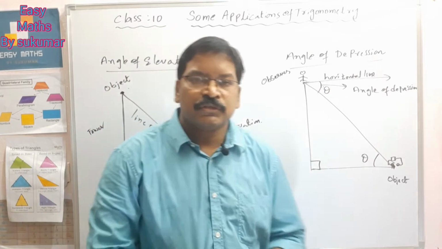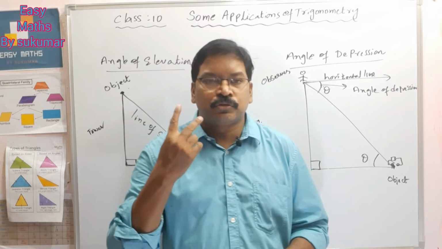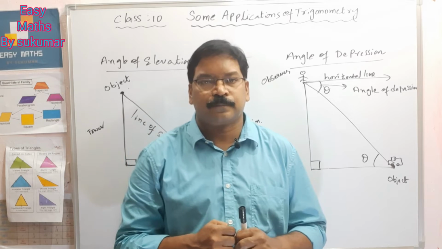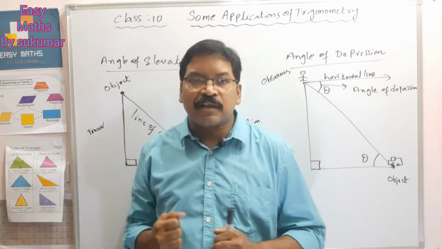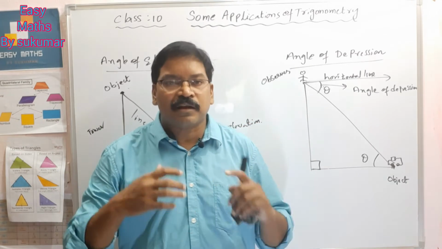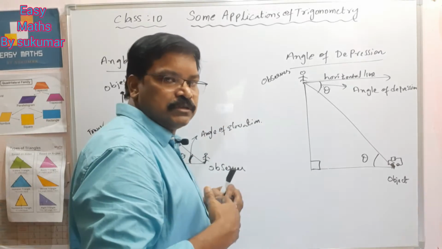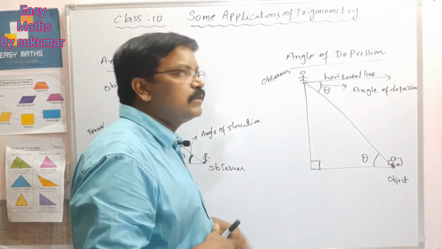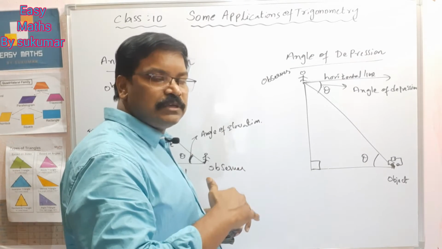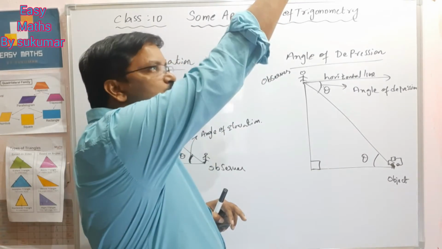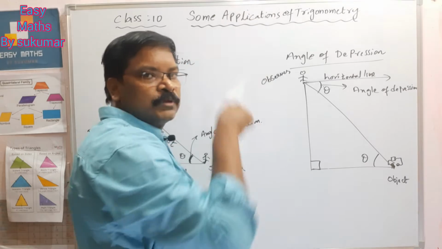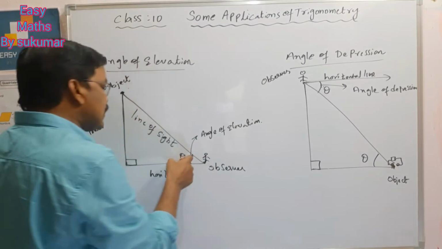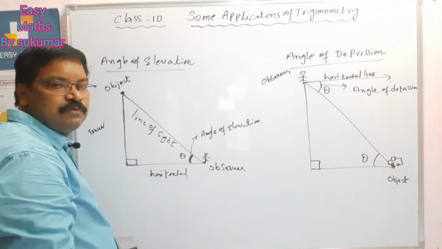Okay, students. So we have learned two types of angles in these applications of trigonometry. The first one is angle of elevation: if the observer is below and the object is above, then the angle formed here is angle of elevation.